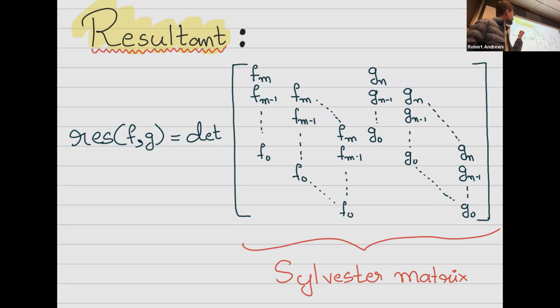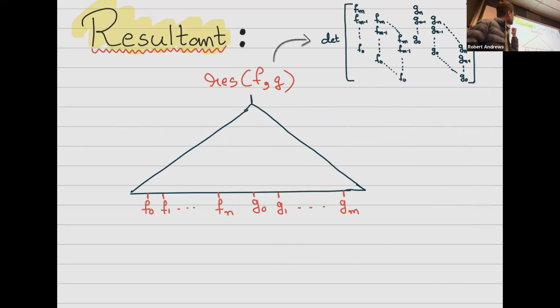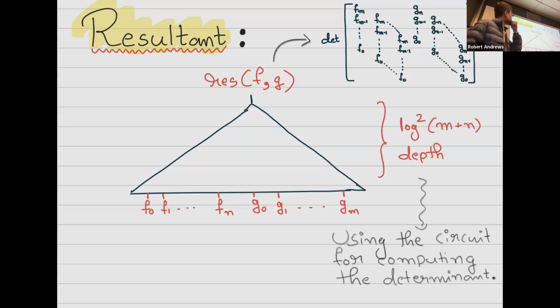So now, using this, let me try to construct a circuit for the resultant. I know the resultant is a determinant, and I know by Csanky's result how to get a circuit for the determinant. Using just that result, we get a log square m plus n depth circuit for this, right?